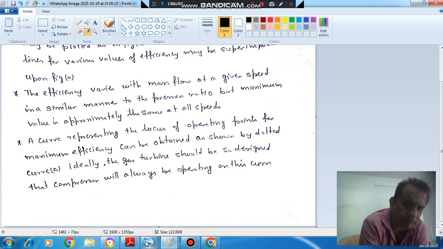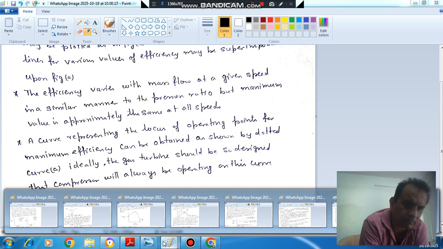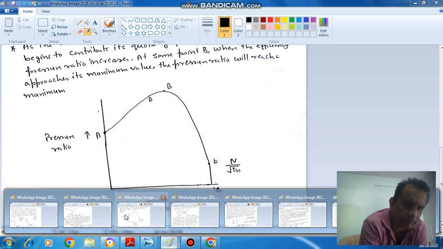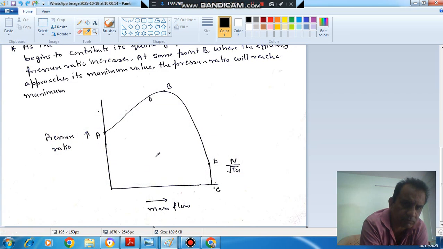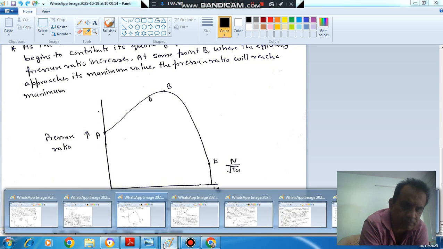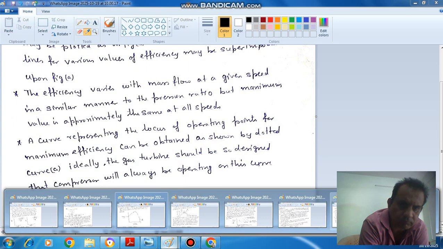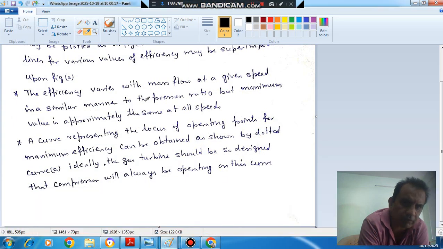Here we can see that efficiency is maximum at point B, so it is varying with the mass flow, and if we vary speed, it will also vary. The efficiency varies with the mass flow at a given speed in a similar manner to pressure ratio, but the maximum value is approximately the same for all.